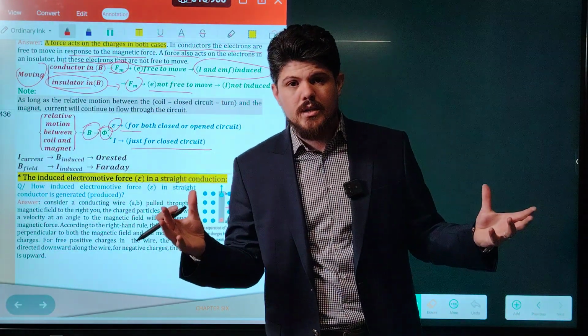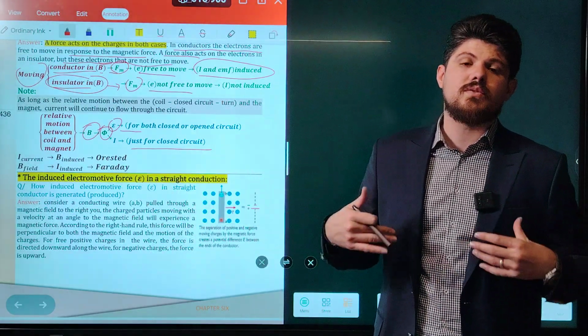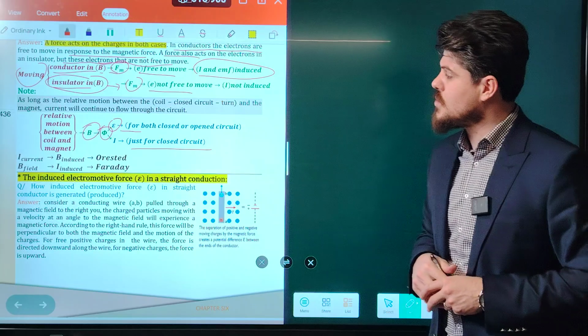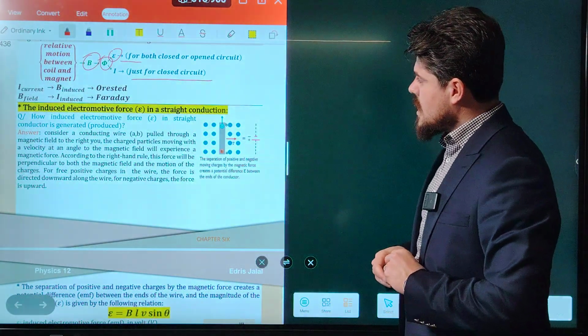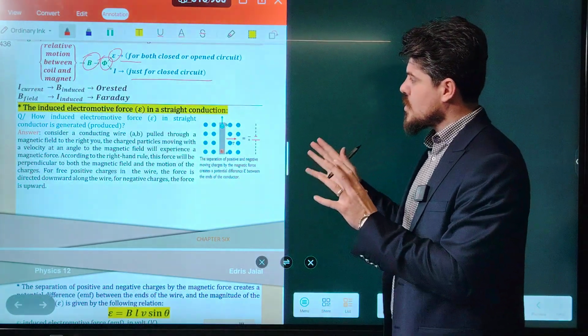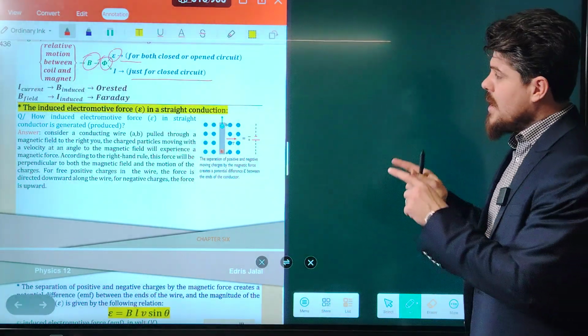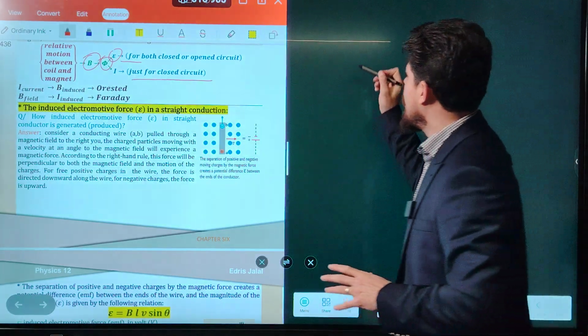In the open circuit, we don't have current, we don't have flow of charge, even if it's moving in the magnetic field. Now, the induced electromotive force, EMF, in a straight conductor. This is the first equation that you will study in chapter 6, section 1.